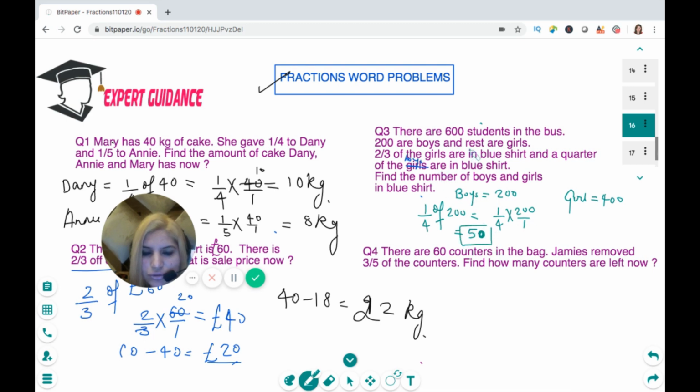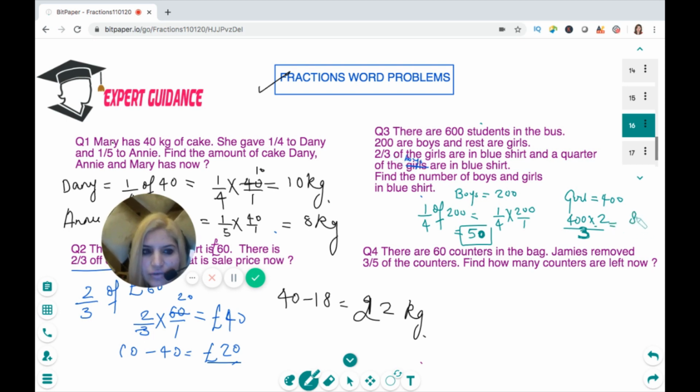Now for the girls, it is 2/3. So 2/3 of 400 is 400 divided by 2/3. Okay. Now this will not give you a whole number, right? So this is 800 over 3.